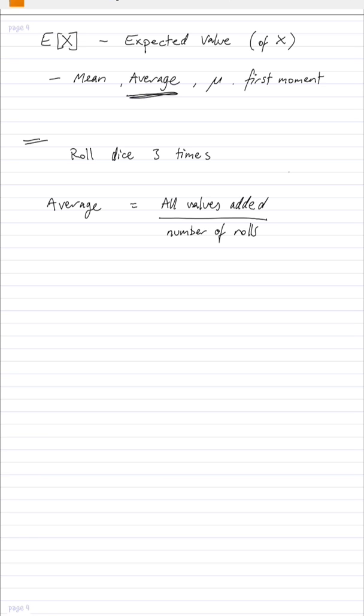So just say we rolled the dice 3 times and we got the values 1, 5, and 2. That means if we're going to add all of those values, we've got 1 plus 5 plus 2 divided by the number of rolls, 1, 2, 3.